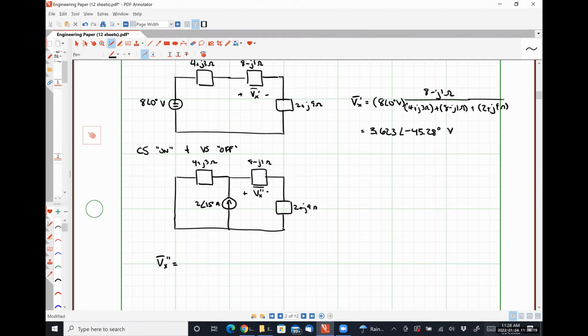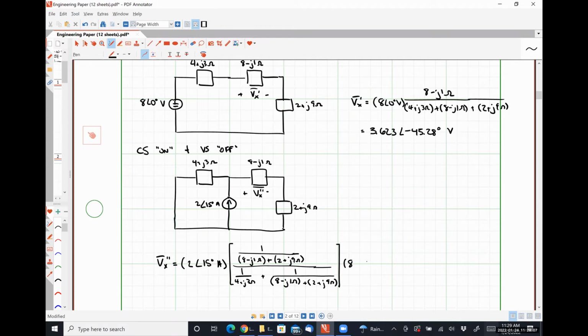So I can say that Vx double prime is going to be 2 angle 15 degrees amperes times 1 over 8 minus J1 ohms plus 2 plus J9 ohms, divided by 1 over 4 plus J3 ohms plus 1 over 8 minus J1 plus 2 plus J9, which is giving me the current flowing through the right-hand side of the circuit.